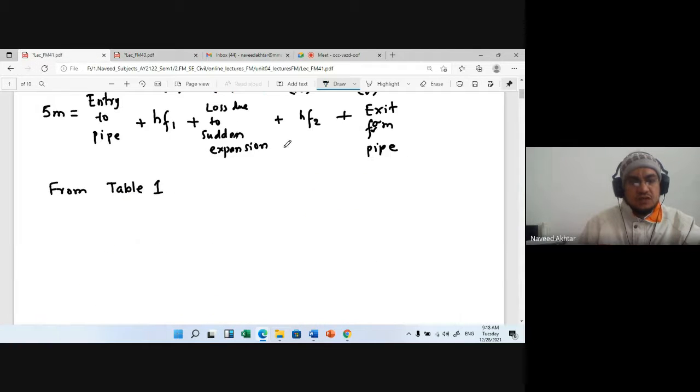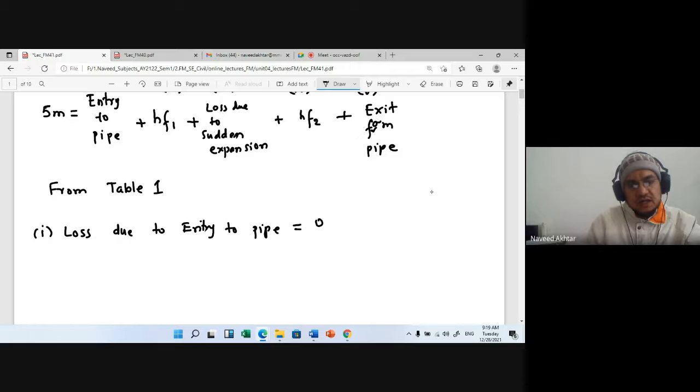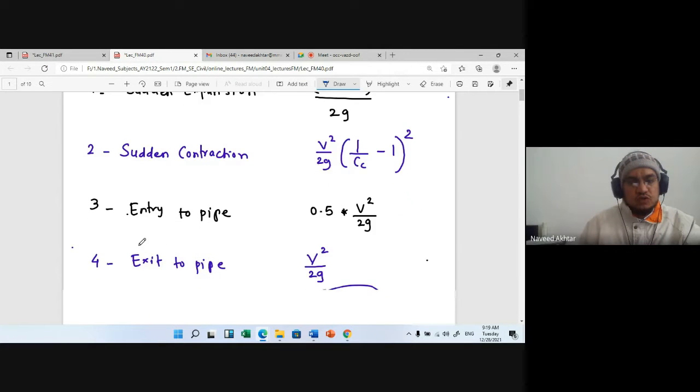Okay. So first is the loss due to entry to pipe, and from the table it is given by 0.5 V square upon 2G. You can see here it is given for entry to the pipe.